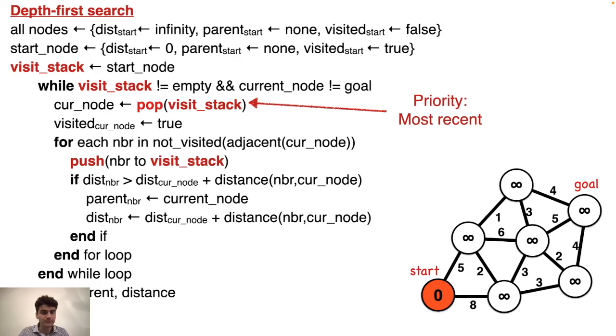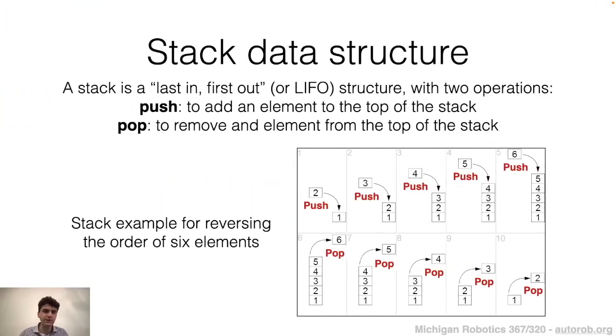And so to look a little bit more at this stack data structure in case you have questions, a stack is referred to as a last in, first out data structure. This is abbreviated LIFO, a LIFO structure. And so the two operations that are supported for inserting or removing elements are called push, to add an element to the top of the stack, and pop, to remove an element from, again, the top of the stack.